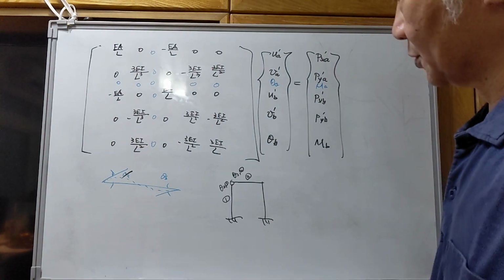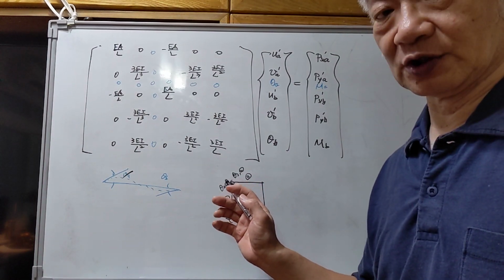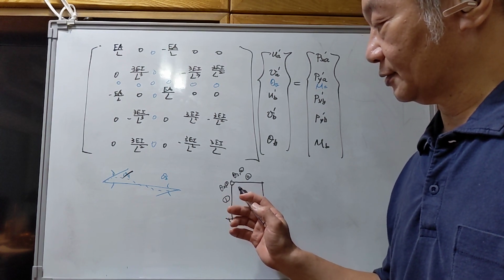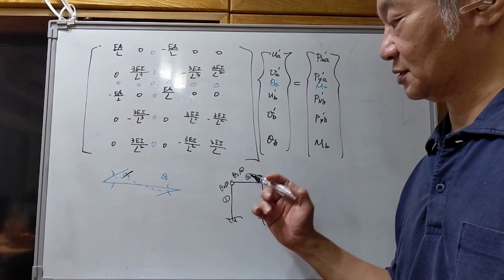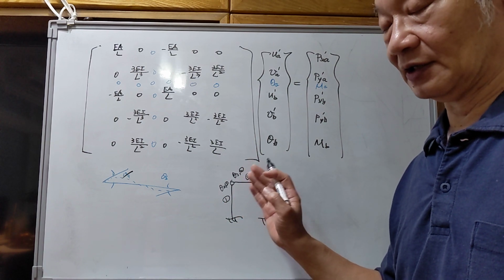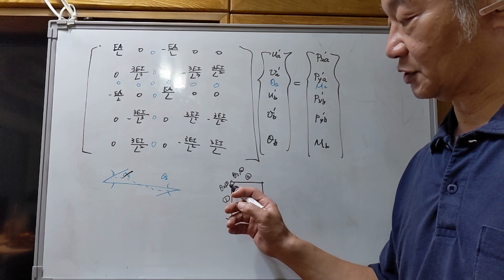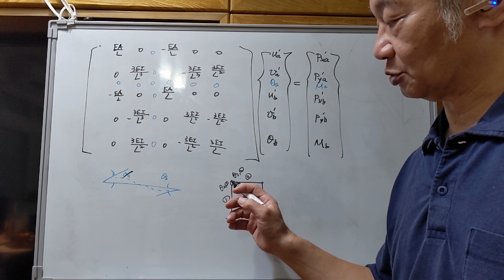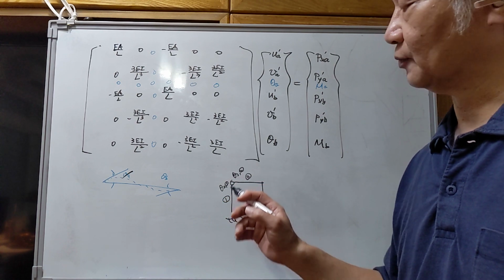Originally we need two rotations for the joint. One is the column top end rotation. The other one is the left end rotation of the beam. If we use the symbols, it will be theta 2,1 and theta 2,2.